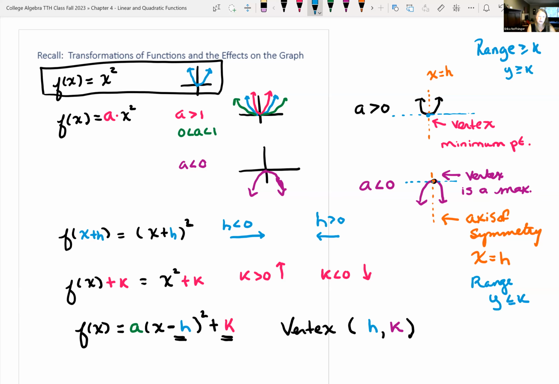So we've been dealing with transformations. And so if we can get our function in this form of f of x is equal to a times x minus h quantity squared plus k, then we can look at it and know what the vertex is and which direction our parabola is facing, depending on the value of the coefficient in front of the quantity squared.